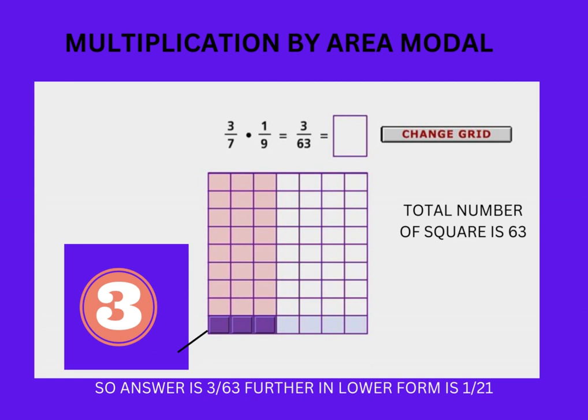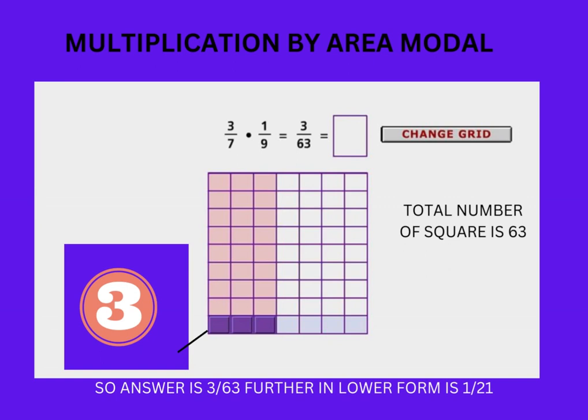First, there is one rectangle, and you make 7 parts of it, and from there 3 parts will be shaded, and that is the pink one. And 1 by 9 means again that grid you have to change into the 9 diagram, that is horizontally 9.